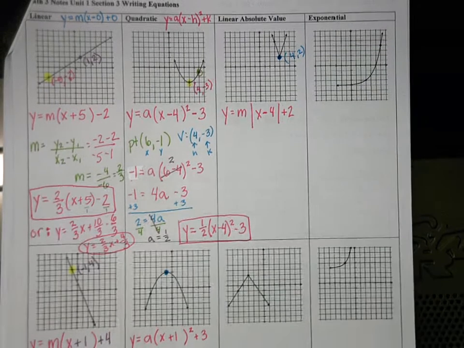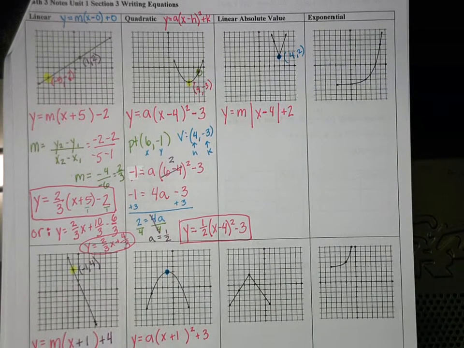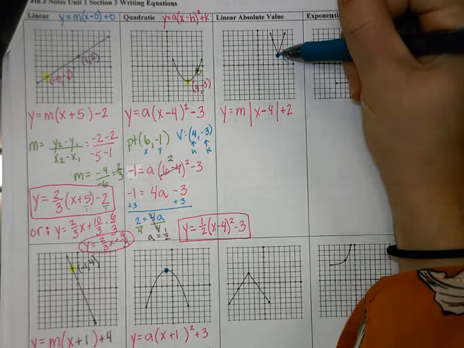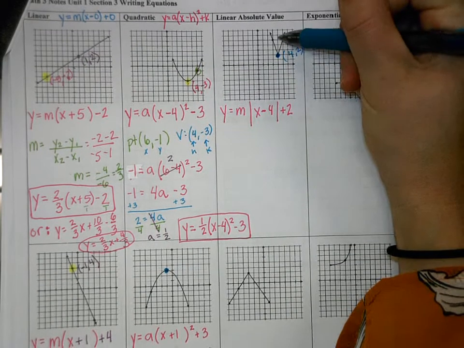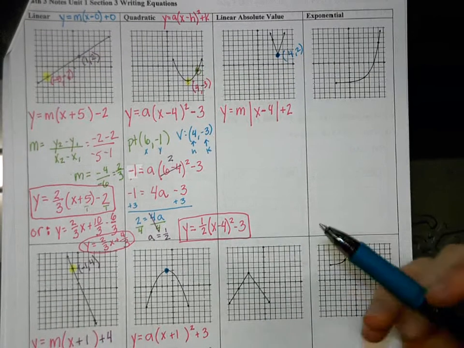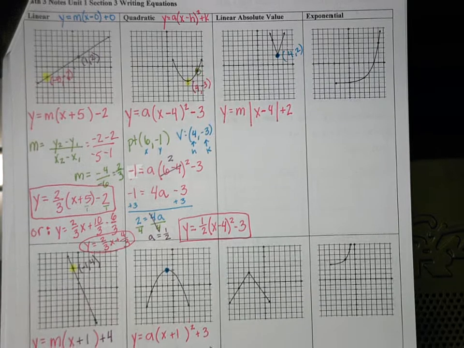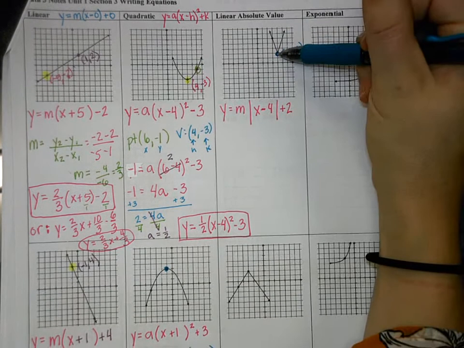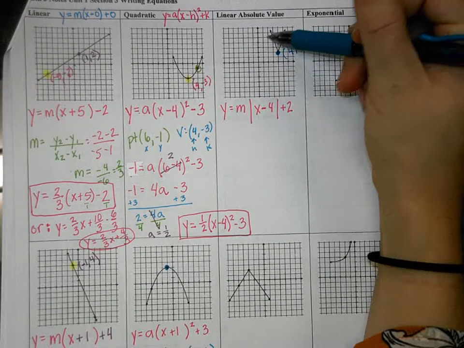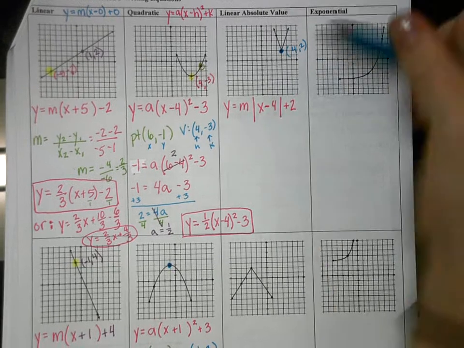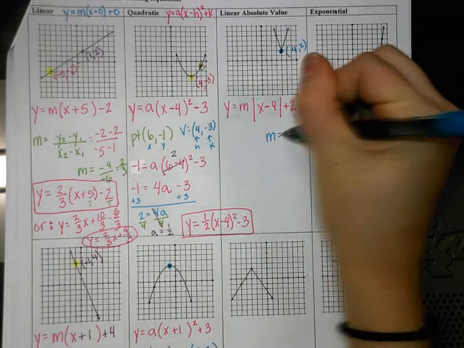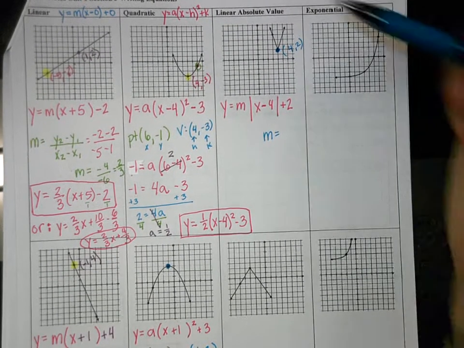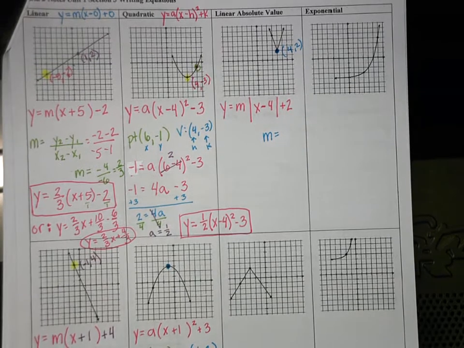Then all I have to do is find my slope. Remember, this is an absolute value problem. We're going to go up and to the right or up and to the left. But if my absolute value is opening up, what type of slope do I have? Positive.